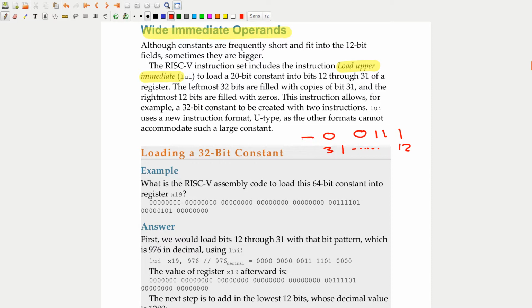That means the remaining bits will be 0. They'll just be a copy of this one. So if this was 1 instead, these would all be 1 out here. This is just some sign extension. That makes sense. We can go over sometime why sign extension works. Okay, where's my highlighter?